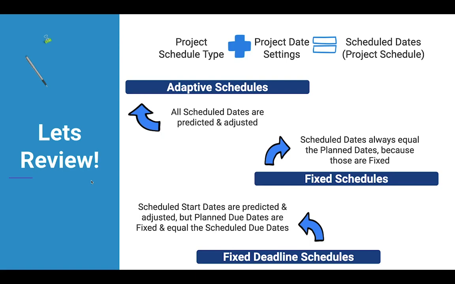All right, so let's review what we discussed today. A really important concept to understand is that the schedule type as set in project settings, plus other date settings options, those two things combined create the mechanism for Accelo to adjust, set, and predict scheduled dates for milestones and tasks.